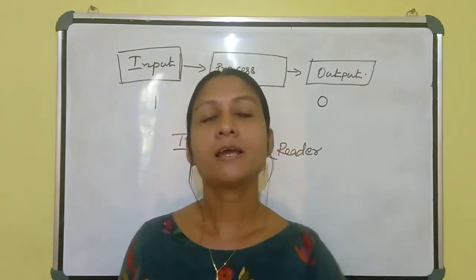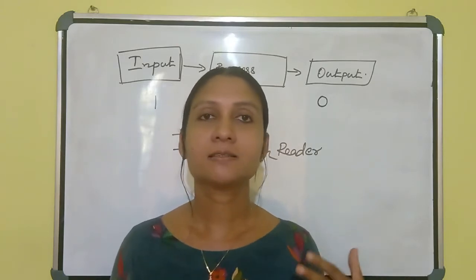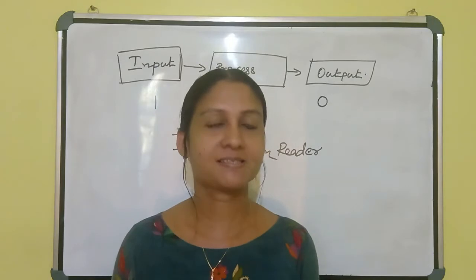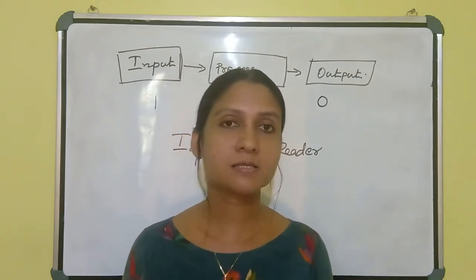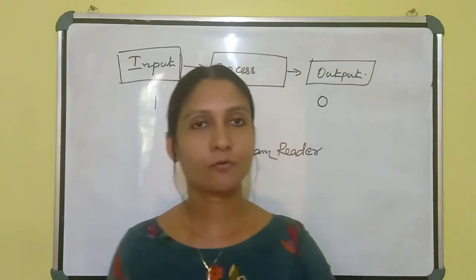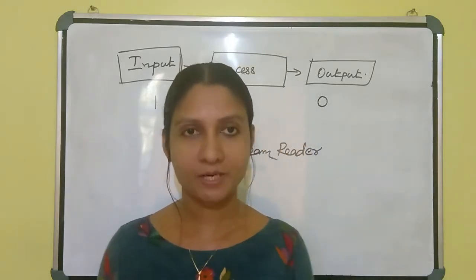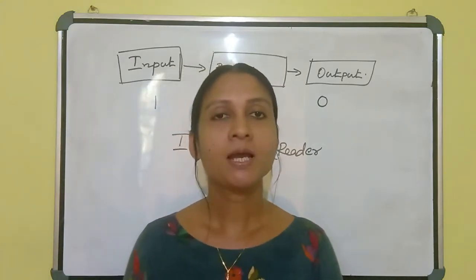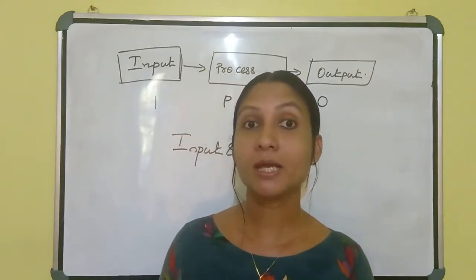The programmers already created system classes for this purpose. Under the System class we have System.in and System.out. System.in is used for input operations, and System.out is used for output operations. Here we need the System.in class.